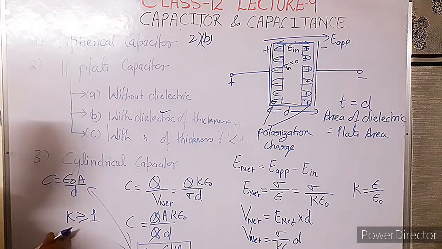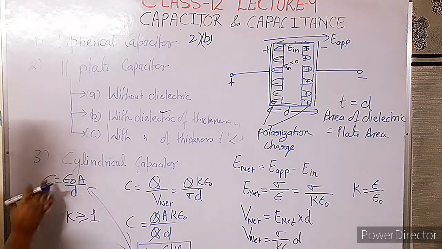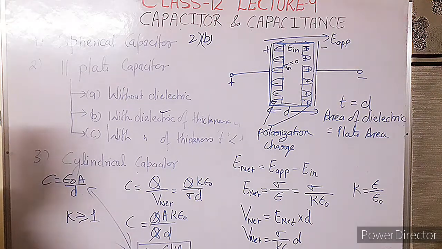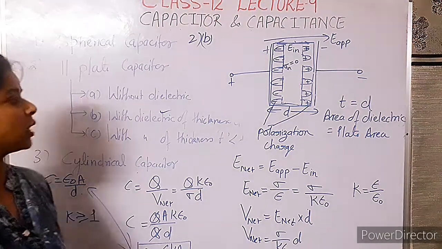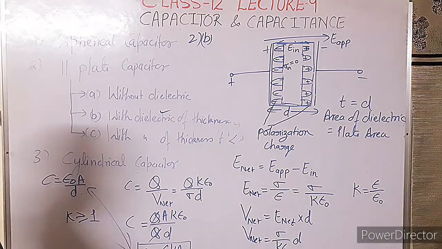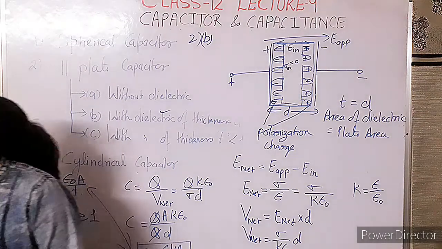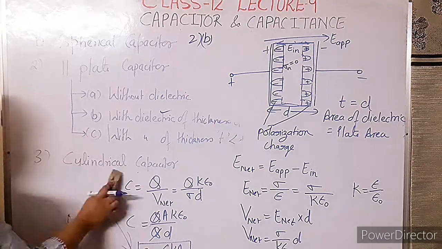Because K is always greater than 1, this result will always be greater than the previous value. That means if we want to increase the capacitance of a capacitor, we must introduce a dielectric between the capacitor plates. Then we can increase the capacitance value. I think this derivation is clear to you. You can note down the steps.